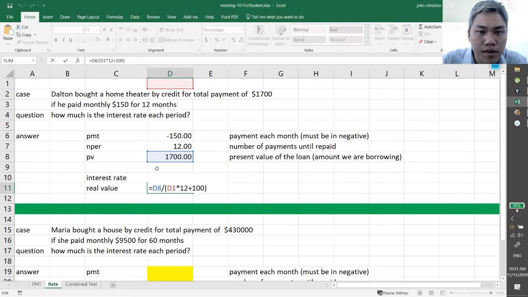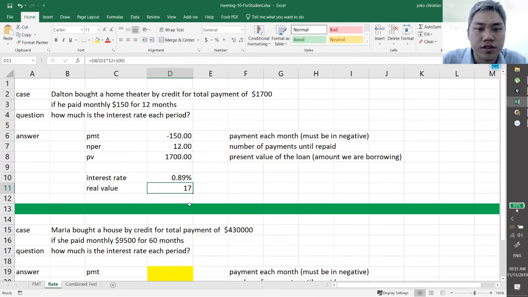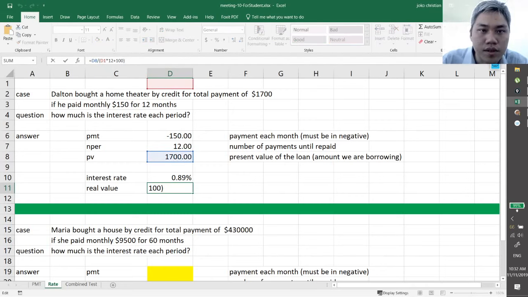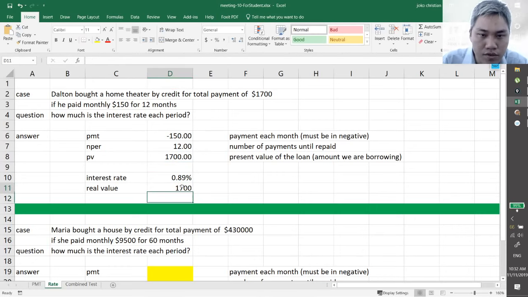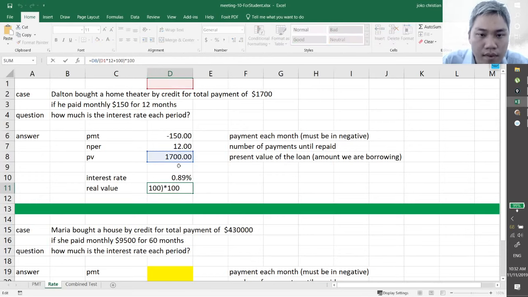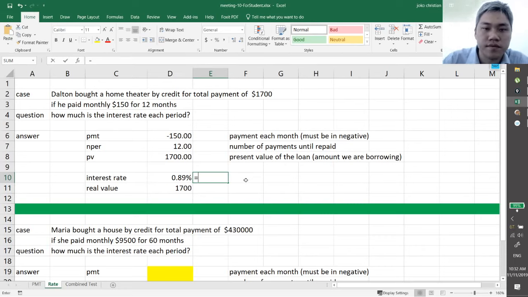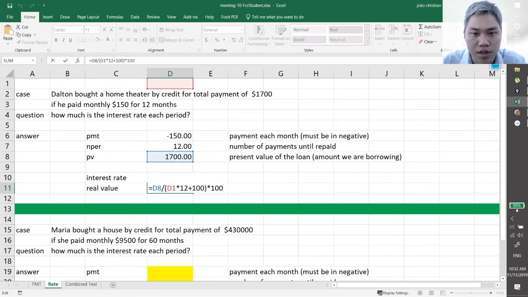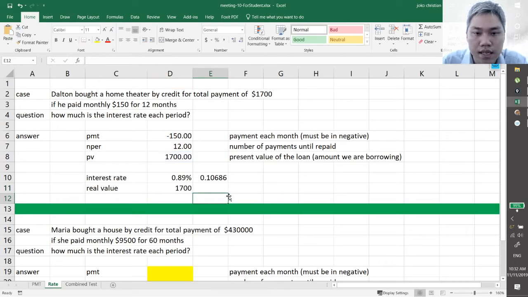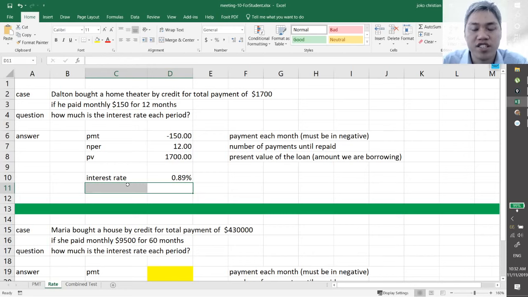No. This should not be in percentage, should be on general. What is this? D8 divided and then multiplied with, oops, I think I used the wrong calculation here. I have the wrong calculation here. I'll just delete this first. We'll reverse engineer the logic later.